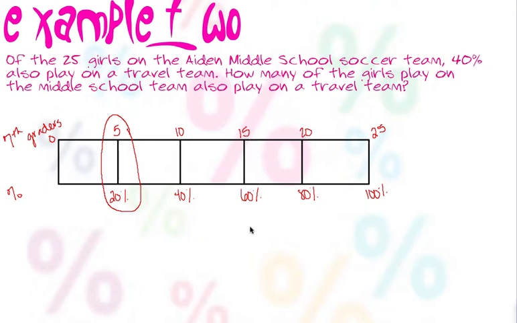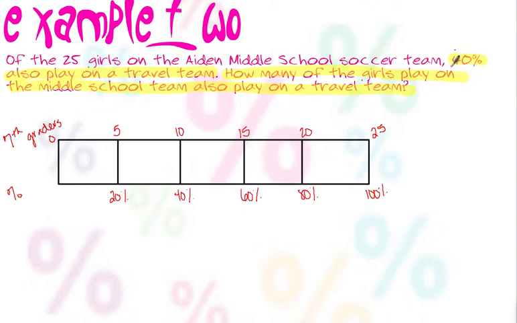because I notice that on here I have 40%. Since I already have 40%, it makes no sense to create a new model. So I'm looking for 40% because here it tells me 40% also play on a travel team. How many of the girls on the middle school team also play on a travel team?